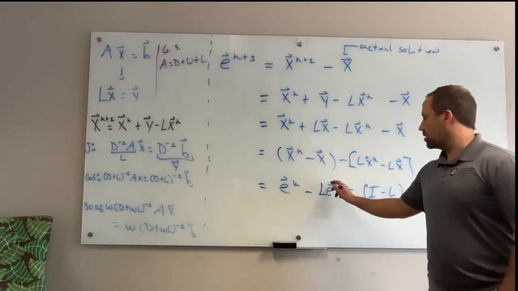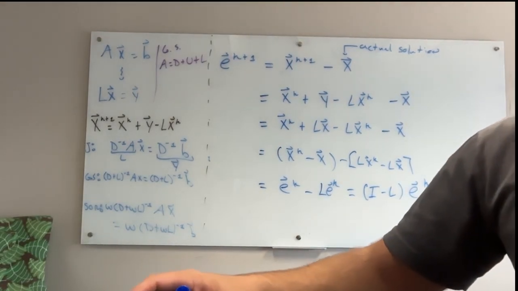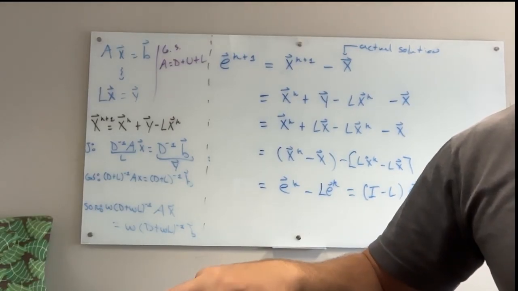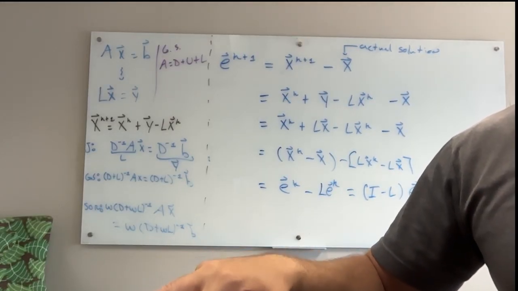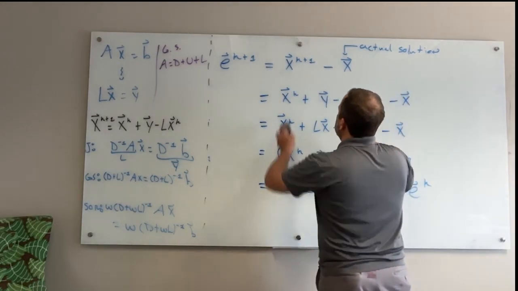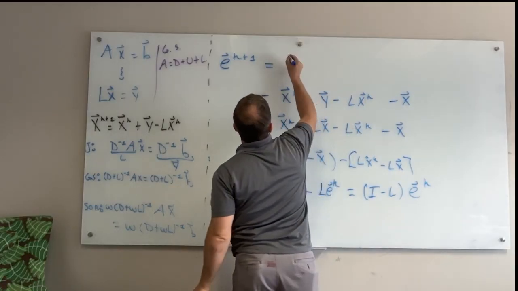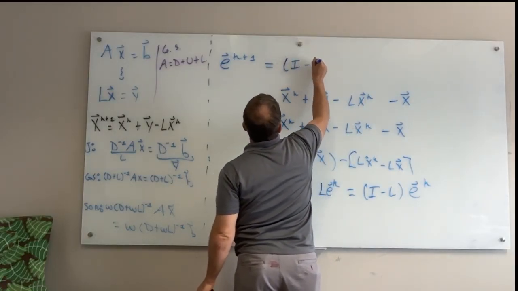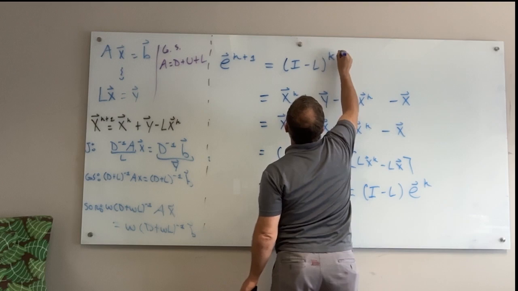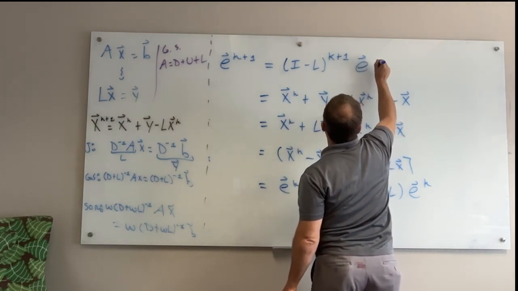Let me try to be consistent with my vector arrows there. Okay, so in general, notice I can now apply this same argument to e_k. So in general, what this tells us is that e_{k+1} is equal to (I minus L) to the power of k plus 1 times the first error, e_0.